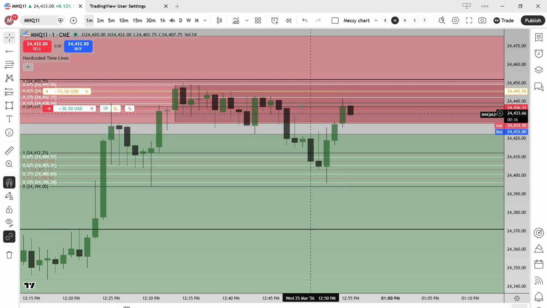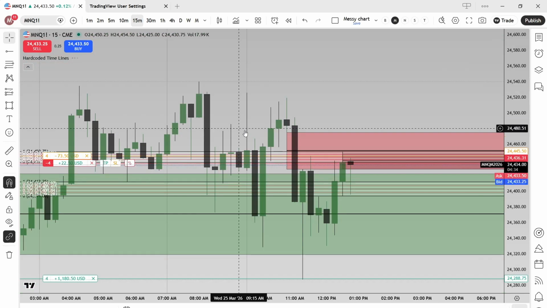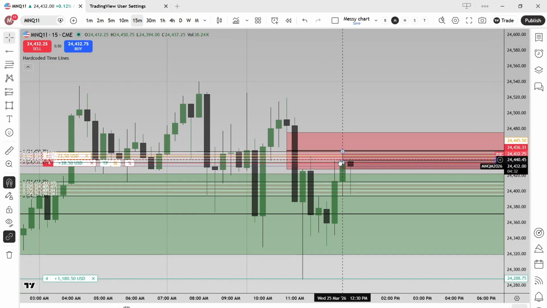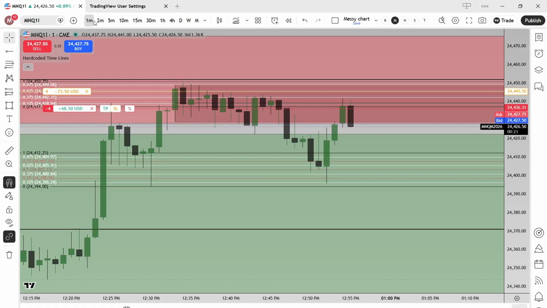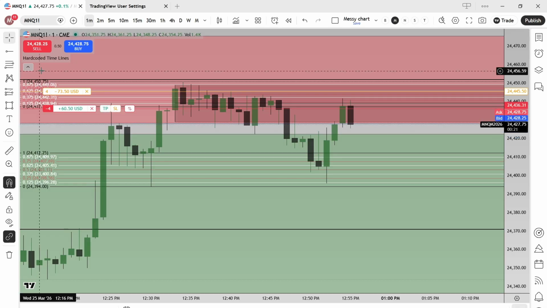Clearly just wanted to play around in this wick over here. And now we'll see how far we can run. Stop loss is safe above that now.